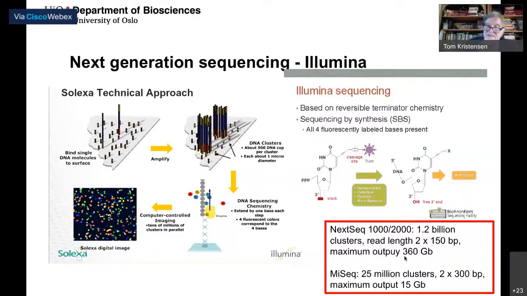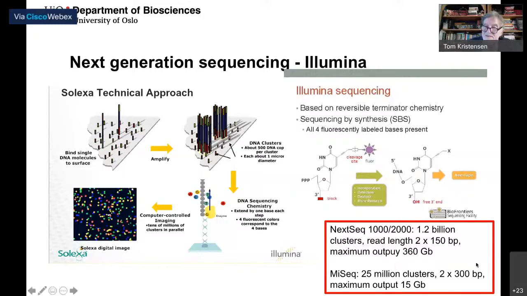Illumina has smaller instruments as well. MiSeq, which I've used for a couple of genomes, has a lot lower number of clusters, 25 million, but still quite impressive. I mean, 25 million separate sequences at the end of the experiment.